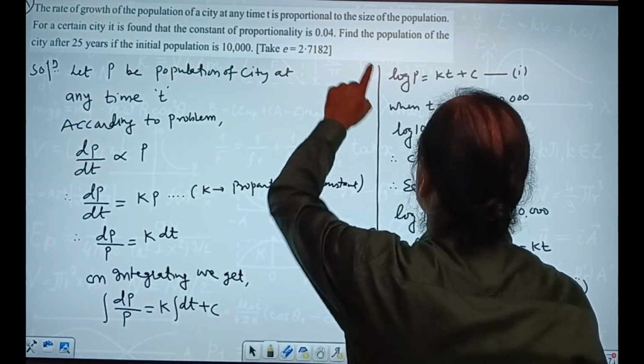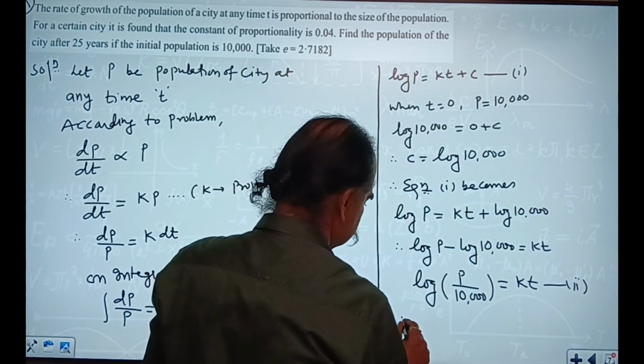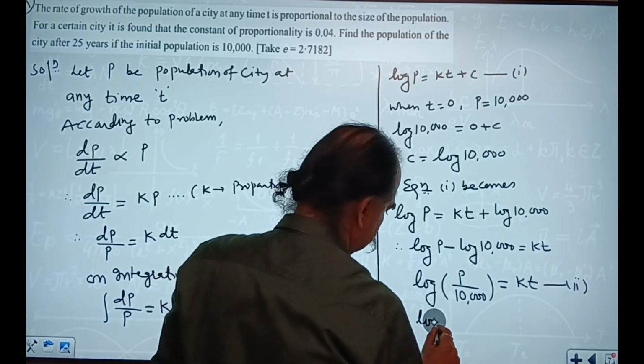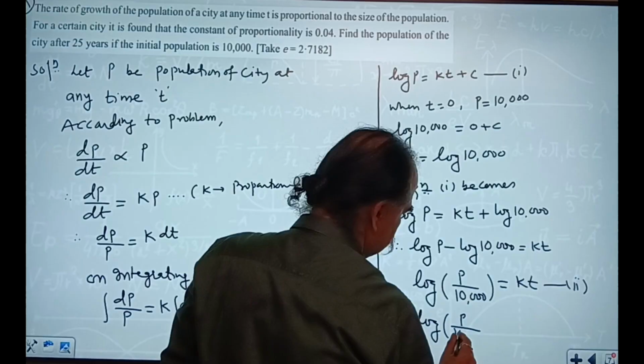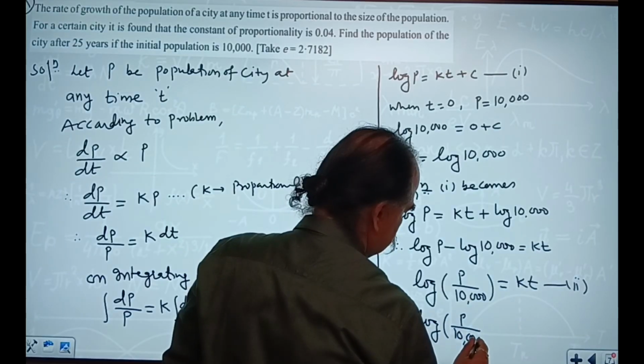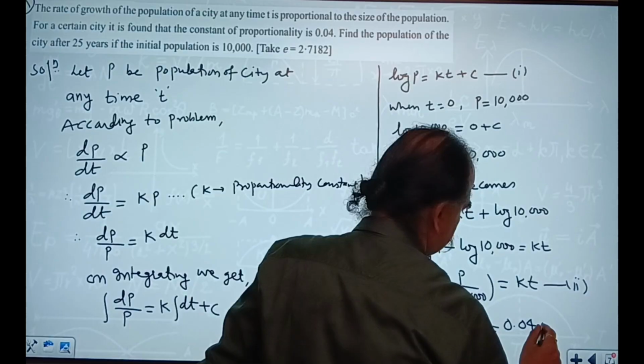Here proportionality constant is 0.04. So log of P upon 10,000 is 0.04 t.